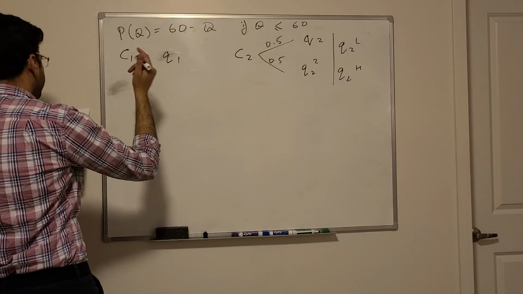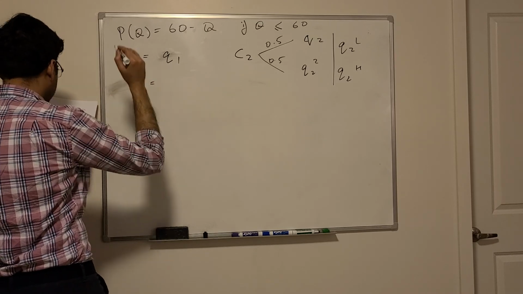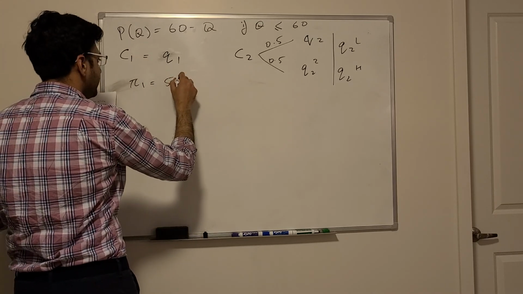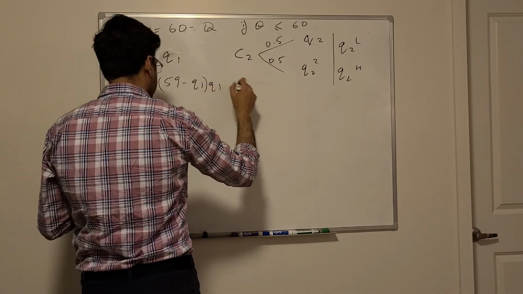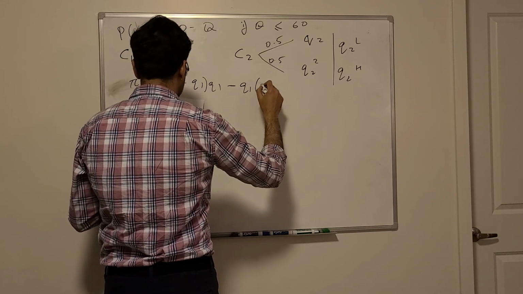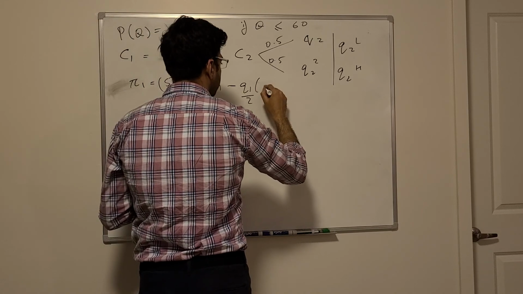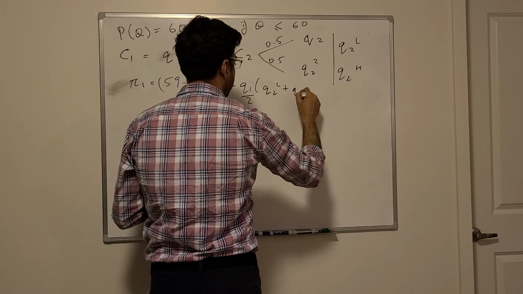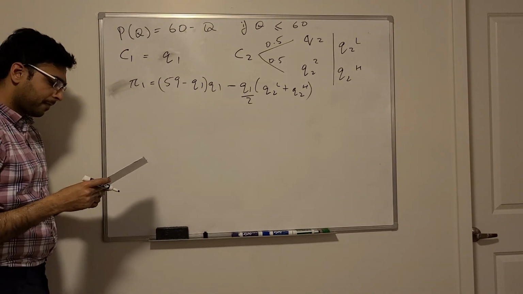Now, let's do it for the first term because that's the harder one. So pi 1 had simplified to (59 minus Q1) times Q1 minus Q1 times (Q2L plus Q2H) divided by 2. Okay, so this is just me simplifying things.